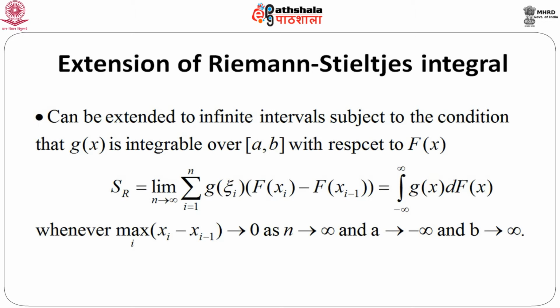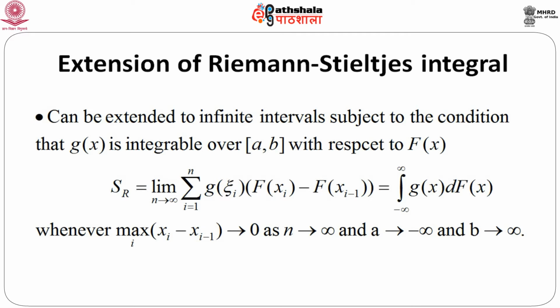and we assume that the limit exists, then we can say that this limit equals the integration from minus infinity to infinity g(x) dF(x), whenever the maximum of the subintervals goes to 0 and n goes to infinity and a goes to minus infinity and b goes to infinity.